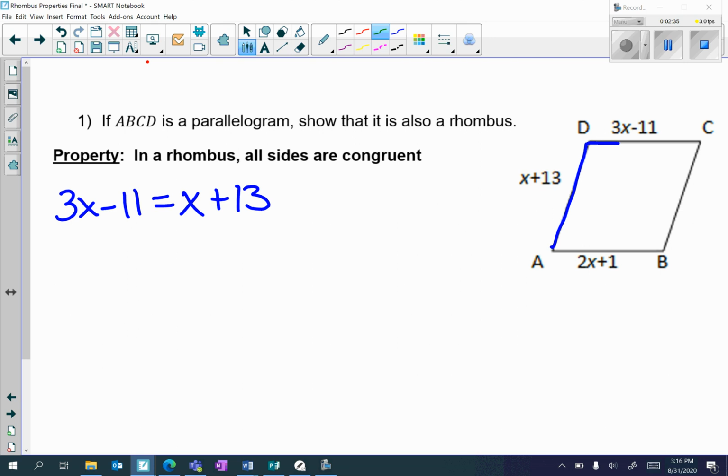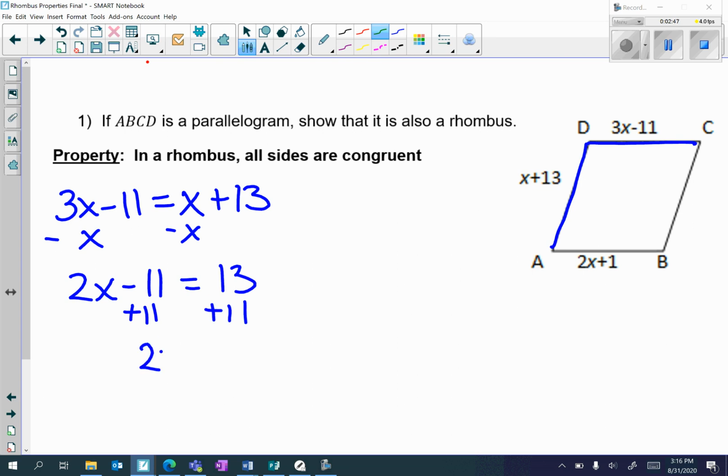Remember, all sides are congruent. So we'll solve for x. X is equal to 12.